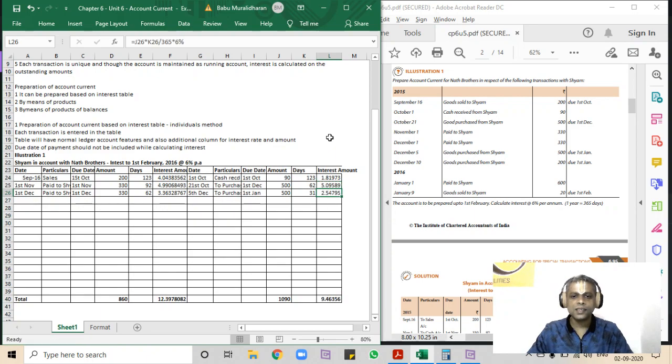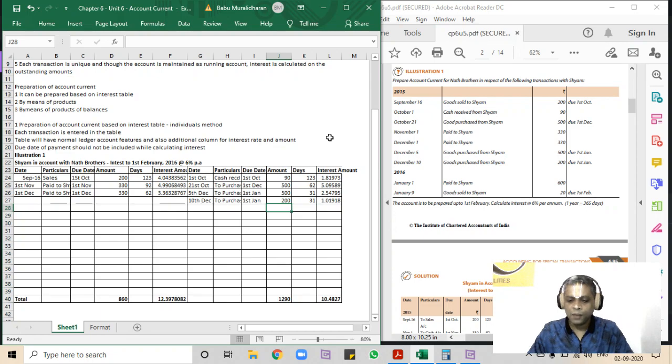So the interest is 2 rupees 55 paise. Then the next one is goods purchased from Shyam again on 10th December, due on 1st January again. Amount is 200 rupees.